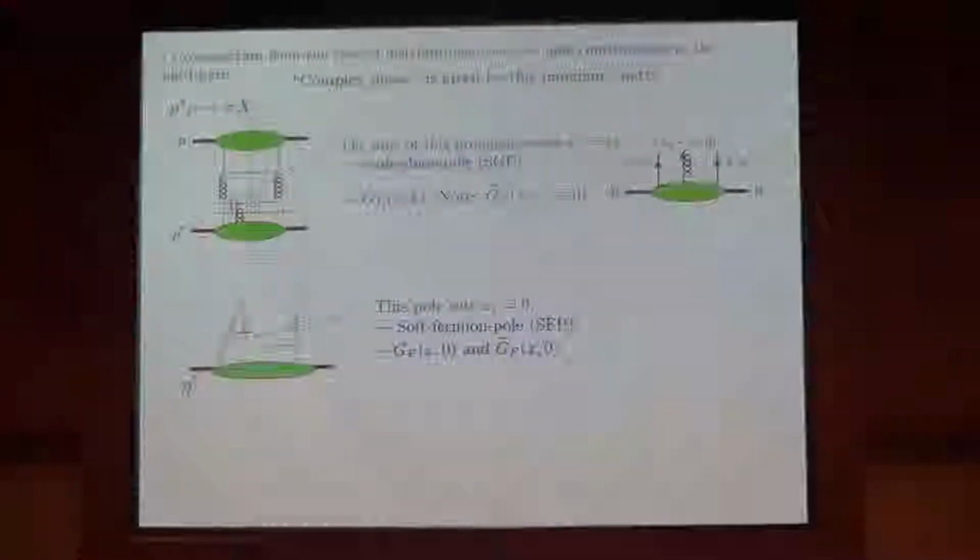Then let's proceed to the calculation of the hard cross-section. As I said, we have to analyze this kind of Feynman diagrams to get the partonic hard cross-section corresponding to these quark-gluon correlation functions.